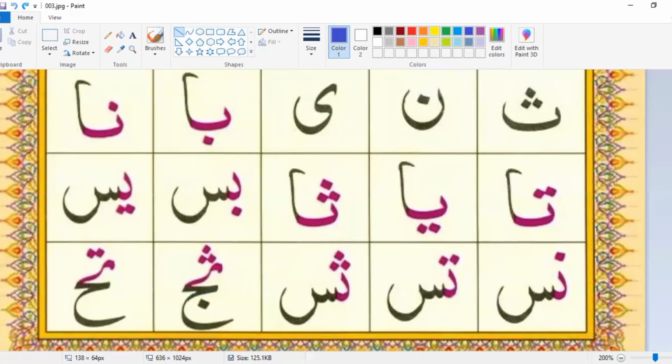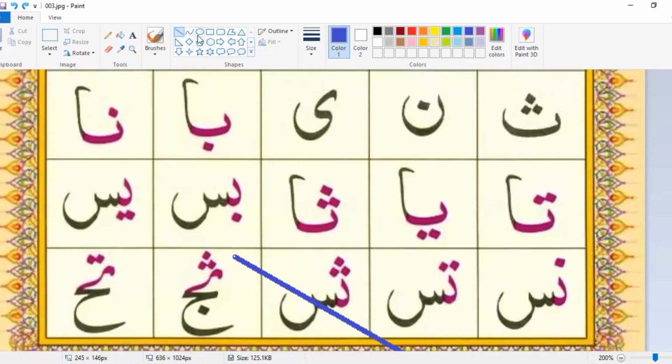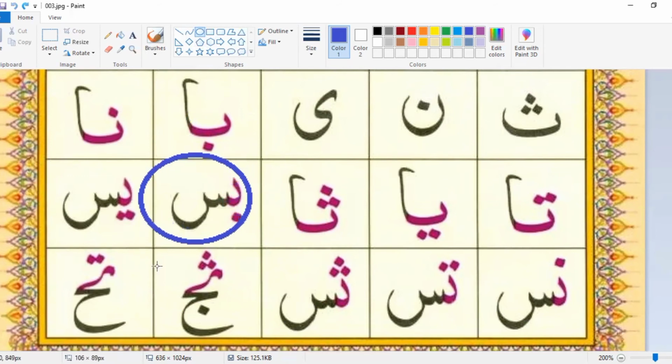Now look, next one, ba sin. Just look at the difference. This ba and this ba. Look at the difference. This is the shorter form of ba. So when we are connecting ba with seen or sheen, then the shape would be like this.